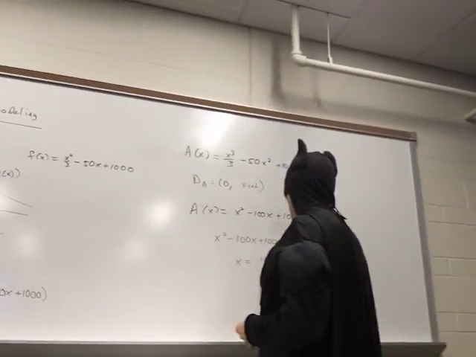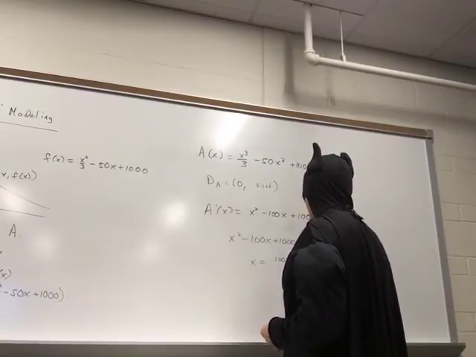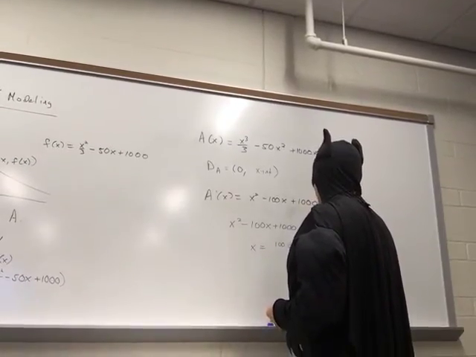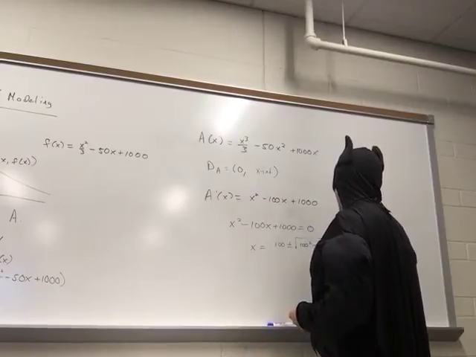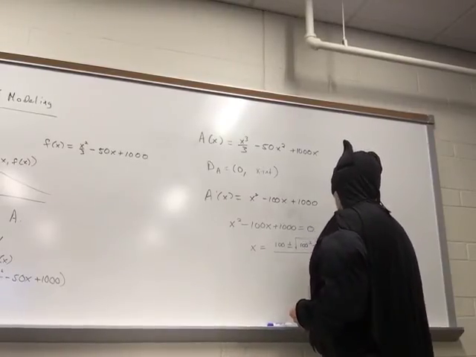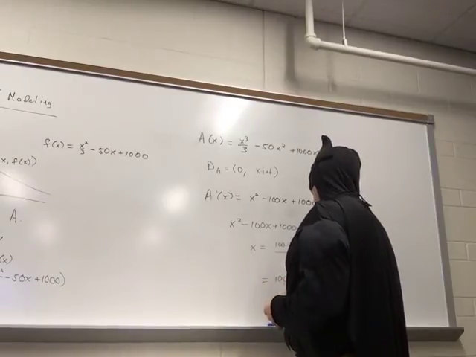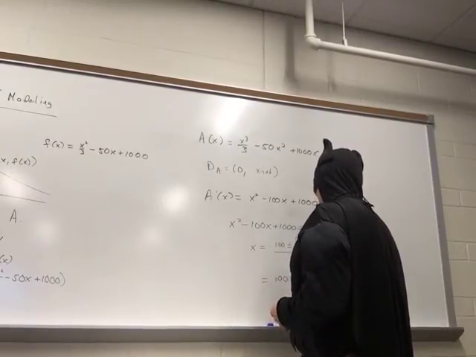x is going to equal 100 plus or minus the square root of 100 squared minus 4 times 1 times 1,000, all over 2, which is 100 plus or minus the square root.